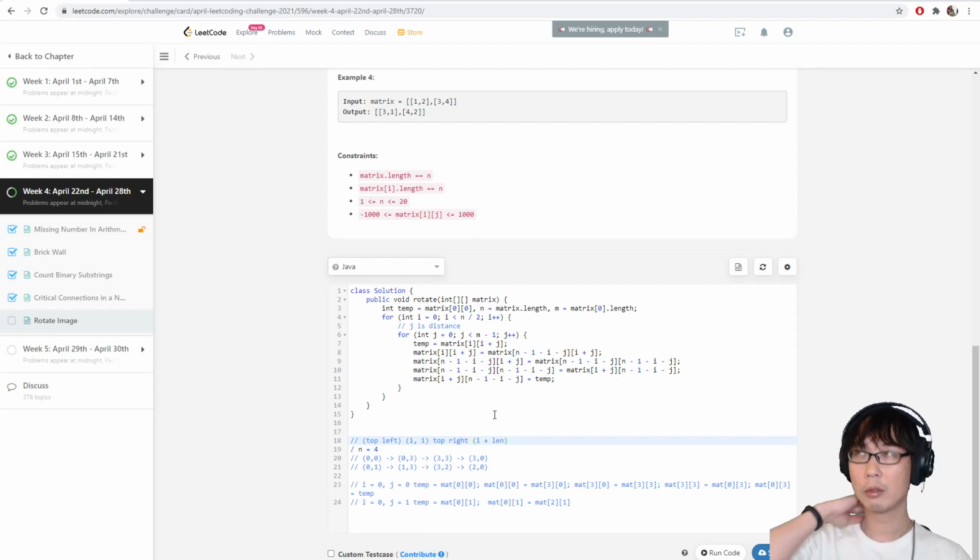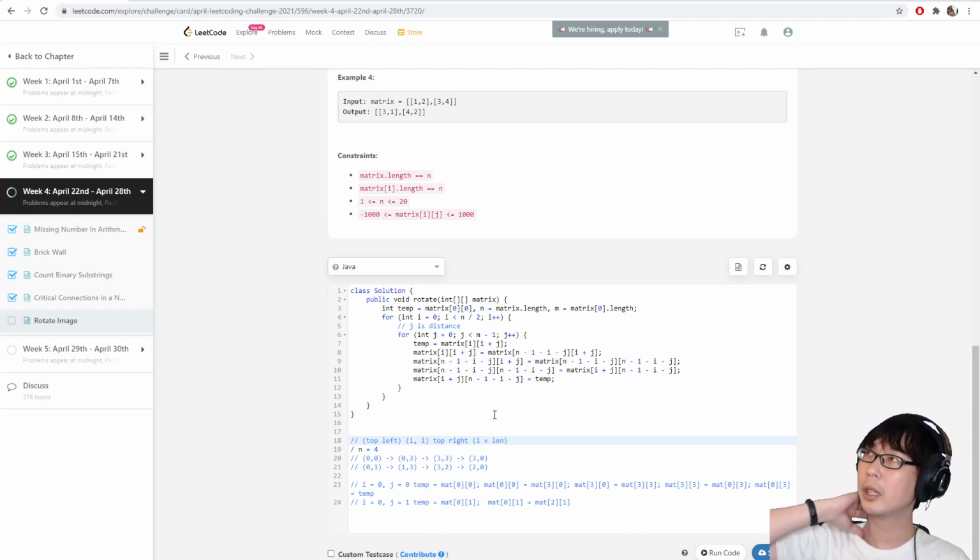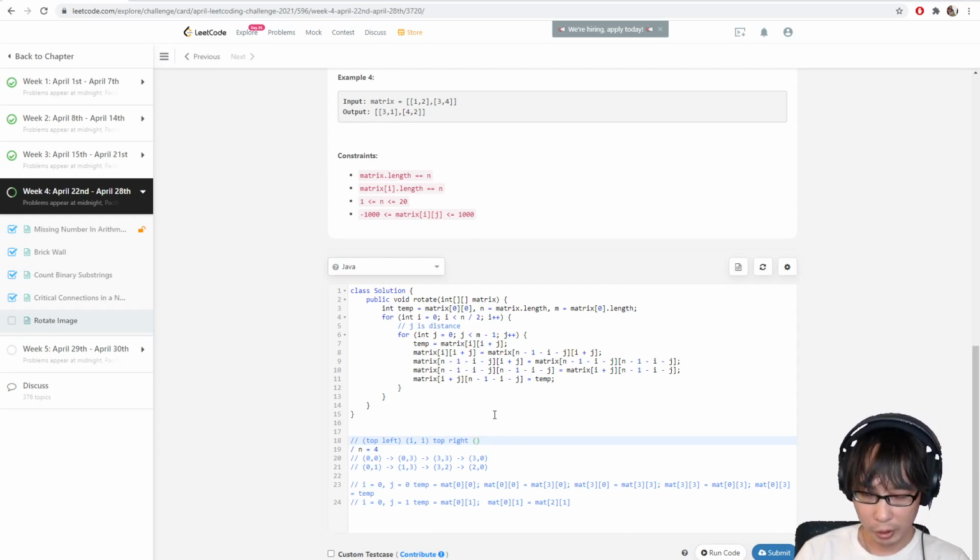Oh, do I need to make things so complicated? Because the top right could be n minus 1 minus I, right?